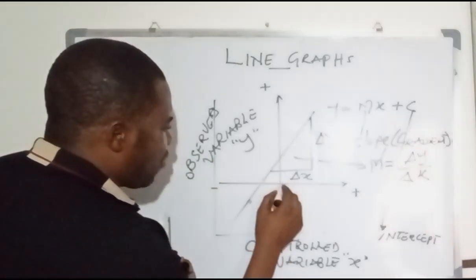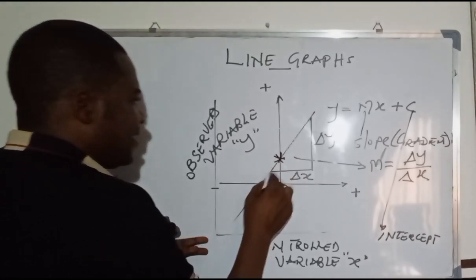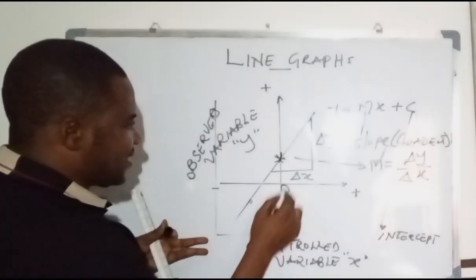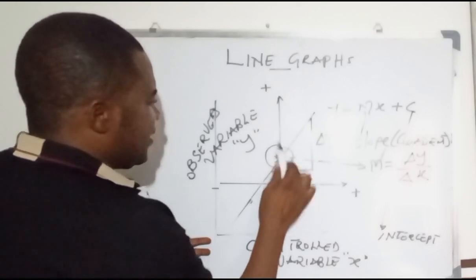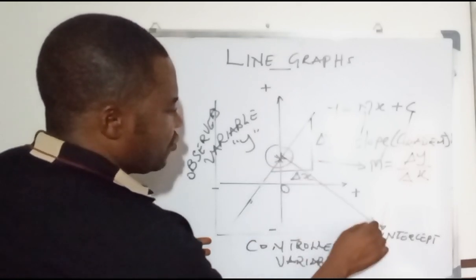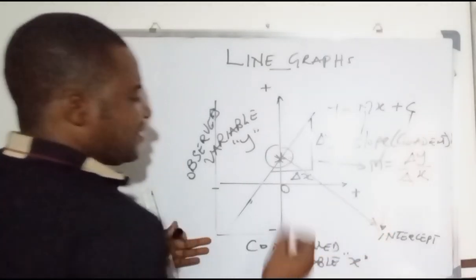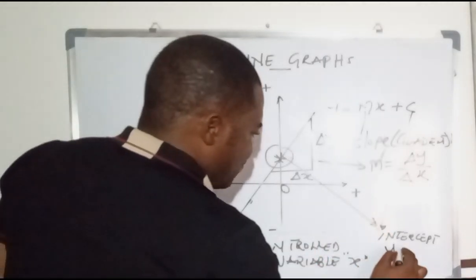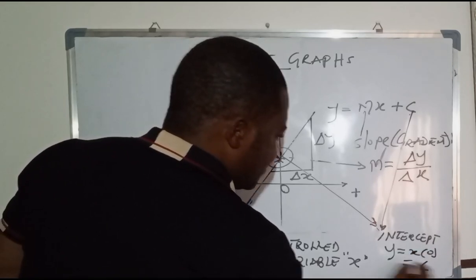That means at the point where x is 0, where the line cuts the y-axis, is your intercept, which is your c. That means y at x equals 0 is equal to c.